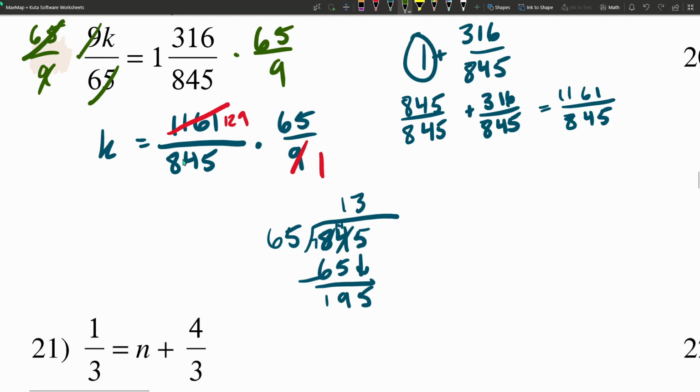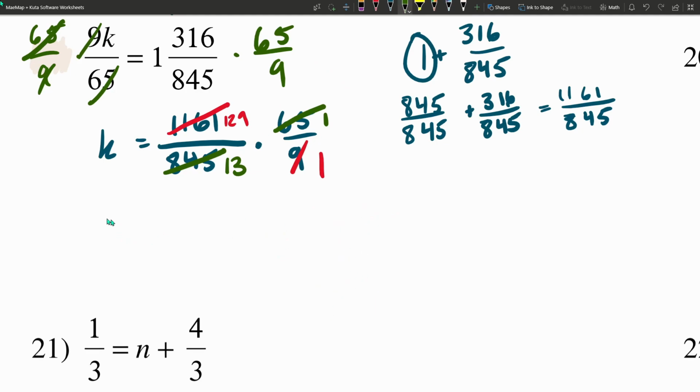So that's 13. So 845 divided by 65 is 13, and I'm going to write that in my denominator. So dividing 65 by 65 is 1, dividing 845 by 65 is 13. So this is a lot simpler than before.